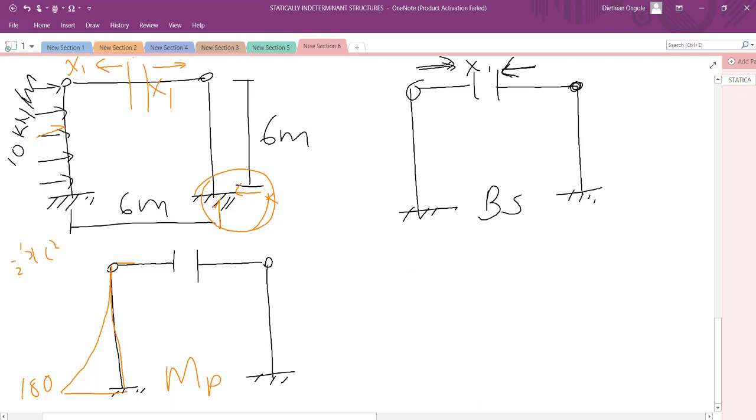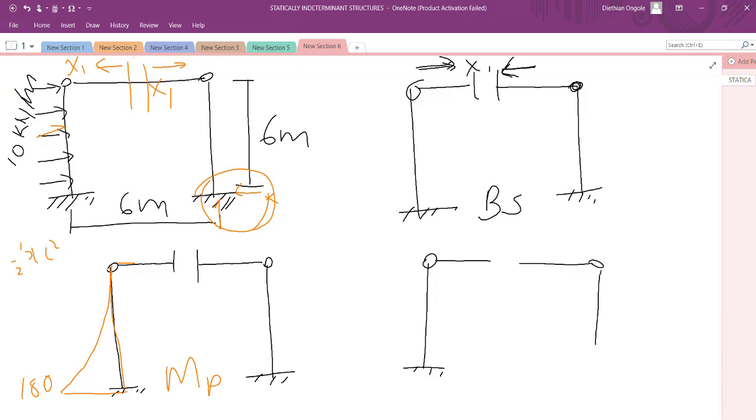M1 drawing. So the M1, under the action of the unit force x1 equal to 1. When it's being acted upon by x1 equal to 1, the beam is being pulled towards this side, and this side is being pulled towards the left.